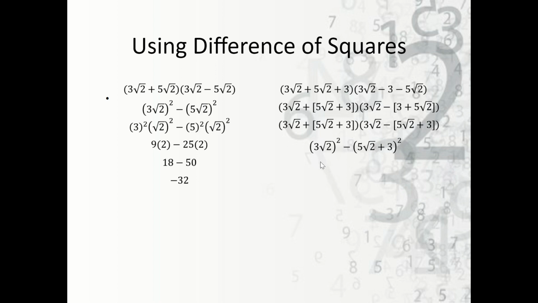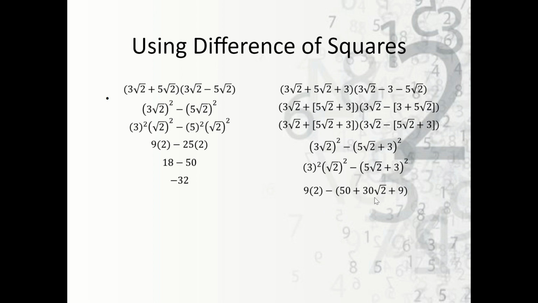So now we can go ahead and multiply this out. So we're going to say 3 squared and square root of 2 squared. And then here we have 5 square root of 2 plus 3 squared. Now with this, we're going to have to actually FOIL it. And when we do that, we get 9 times 2 minus 50 plus 30 square root of 2 plus 9. Now we're going to go ahead and combine these.